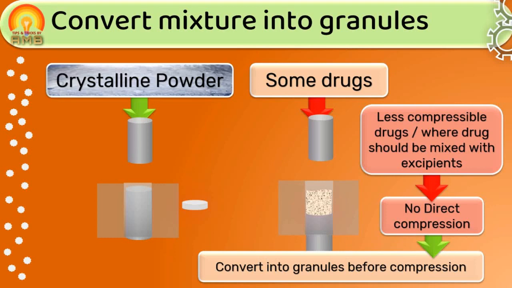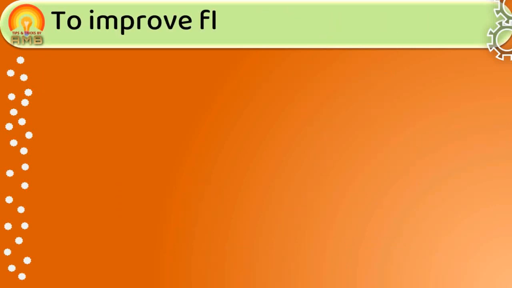Along with this, there are certain more reasons of converting powder mixture into the granules. Let's discuss why powder mixture is converted into granules before compression. First reason is to improve flow property, powder mixture is converted into the granules.